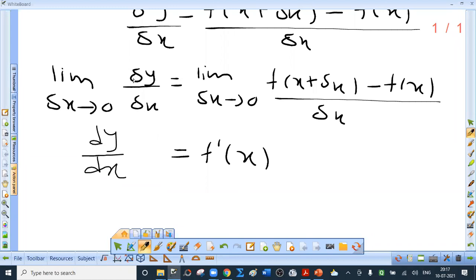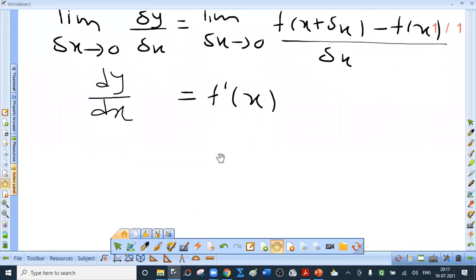Note that delta y is a small change in y corresponding to a small change delta x in x. So this is called the incremental ratio. Delta y is an increment in y, a change in y. Delta x is an increment, a change in x. So this is the incremental ratio. If you take the limit of that, you get dy dx. So dy dx is nothing but f dash of x.